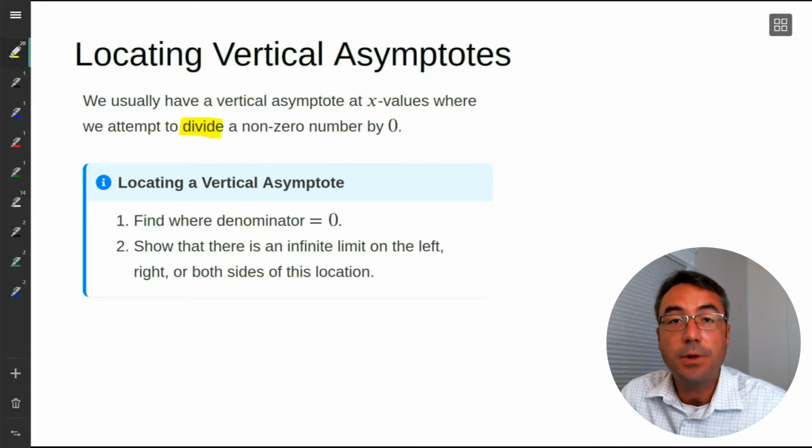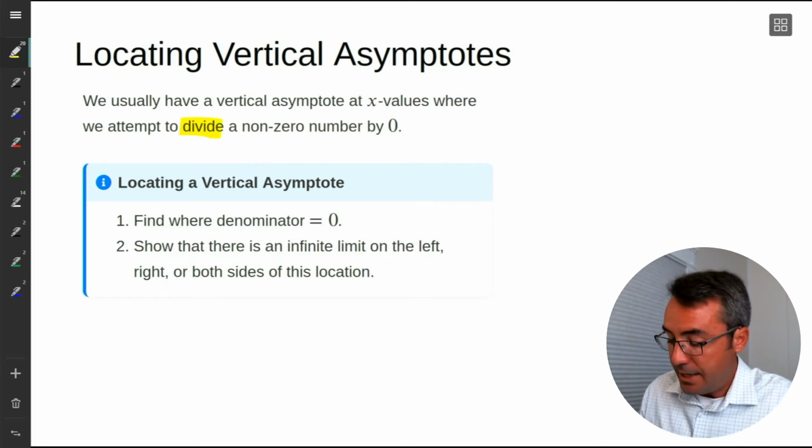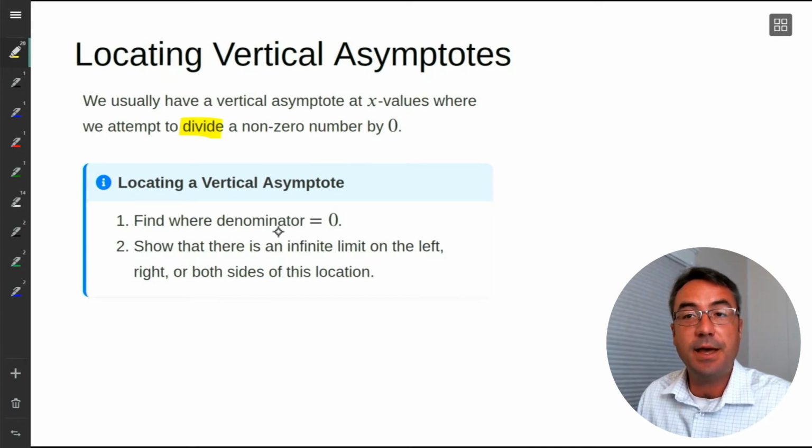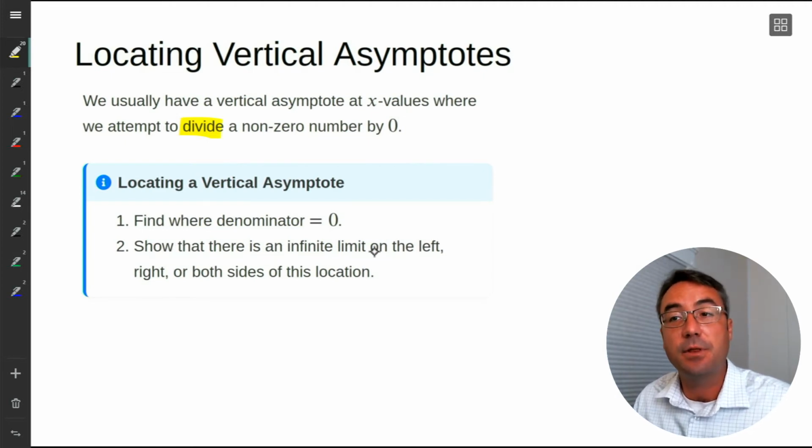And so the way we can locate our vertical asymptotes for most of our functions is to figure out where our denominator is equal to 0. And then once we determine that, we're going to calculate our limits. We're going to show that there is an infinite limit on either the left side, the right side, or maybe both of those sides. So we're going to set our denominator equal to 0, figure out the x value that makes our denominator 0, and then calculate the left and the right side limits as x approaches that number.